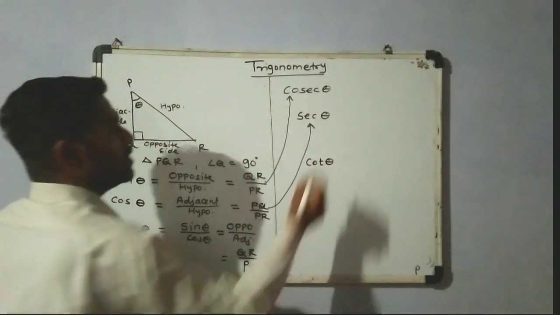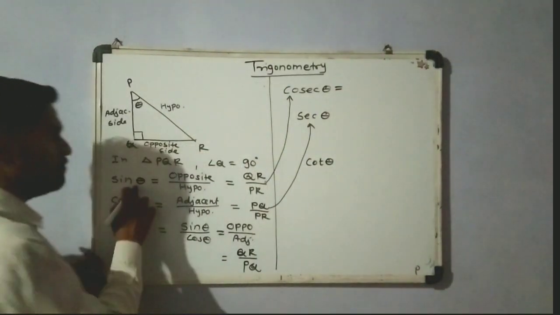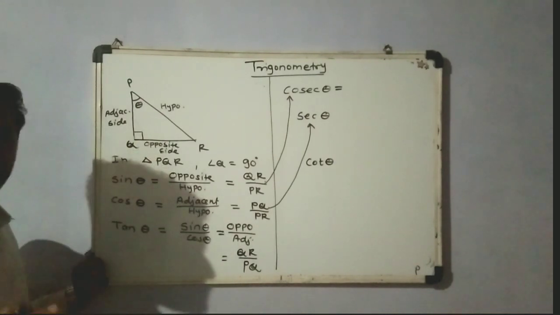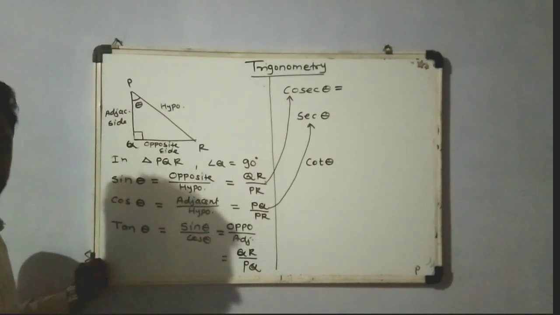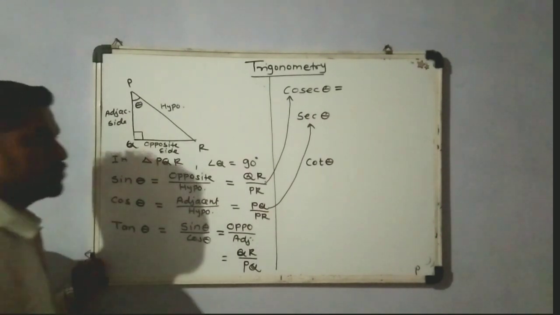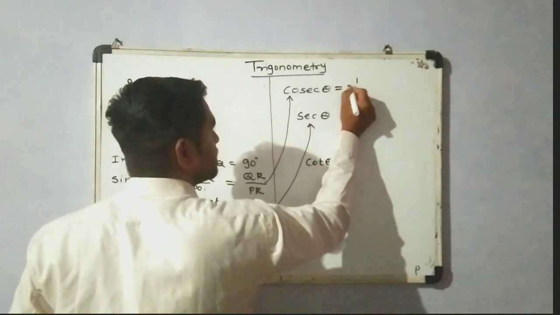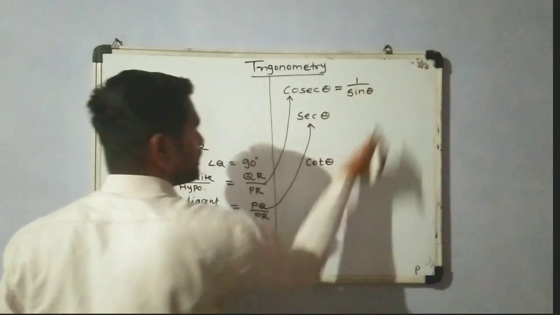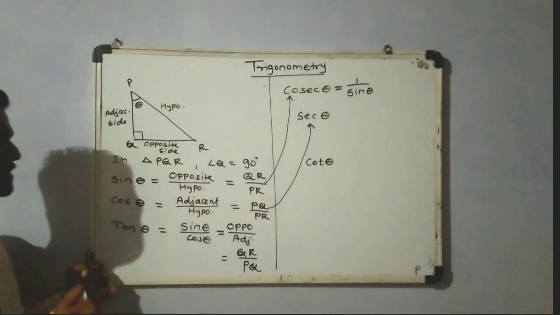So, the relation between sine and cosec is what? Cosec theta is the reciprocal of sine theta. Keep this in mind. After taking the reciprocal of sine theta, you will get cosec theta, which means 1 upon sine theta. Reciprocal means what?